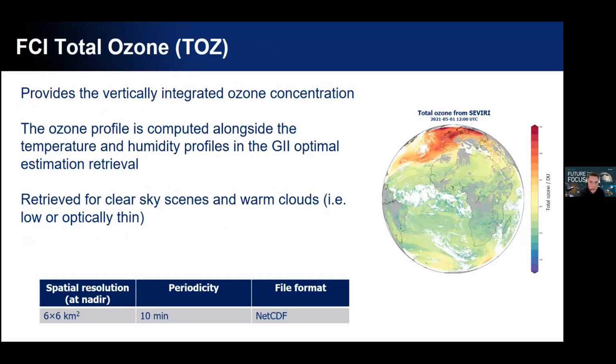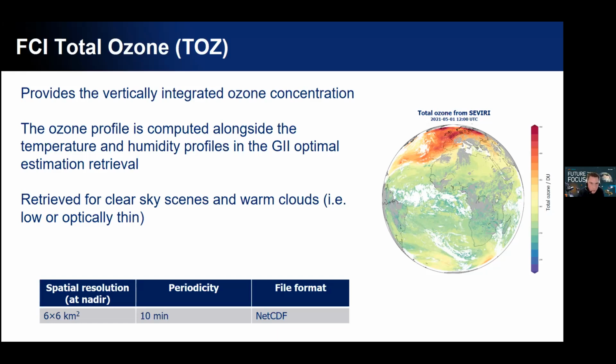And then we also have the total ozone, and this is derived in the same algorithm as the global instability indices, which, in the optimal estimation scheme, also optimizes the ozone profile. So when the GII algorithm has finished, you simply take the ozone profile that has been output and integrate the ozone concentrations to get the total atmospheric ozone.